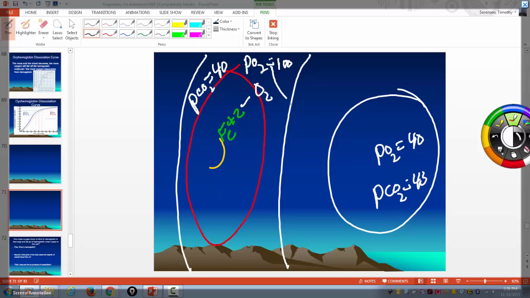The PO2 is going to drop because it's going to move into the cell by pressure, and the PCO2 is going to rise because it's going to move from the cell into the systemic capillary until they are equal. So the PCO2 will become 45 and the PO2 will become 40. What does low PO2 and high PCO2 do to hemoglobin saturation? Well, let me tell you.